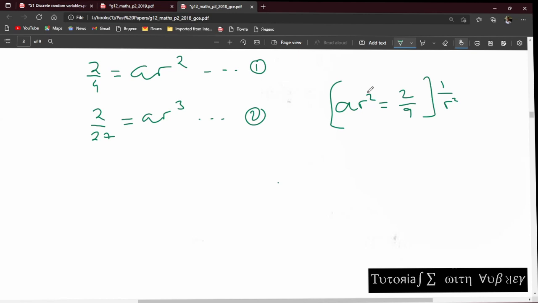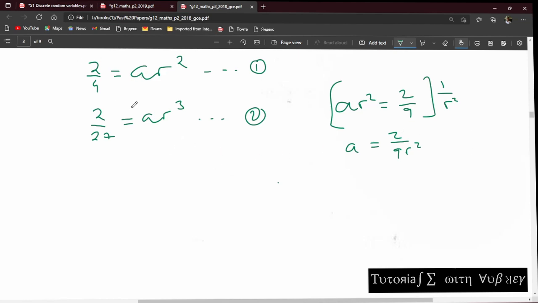This r squared and that r squared will come out. So A goes to 2 over 9r squared.